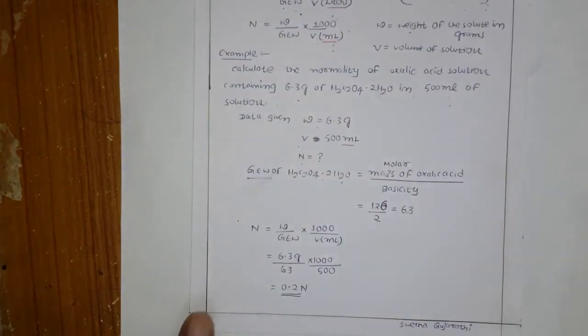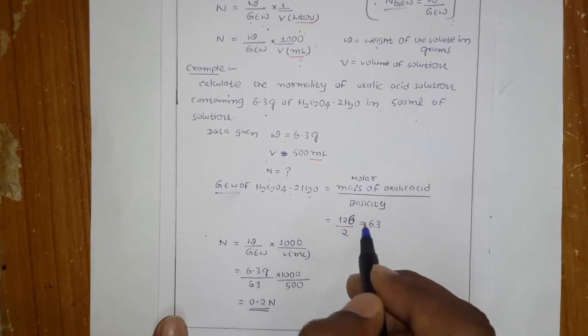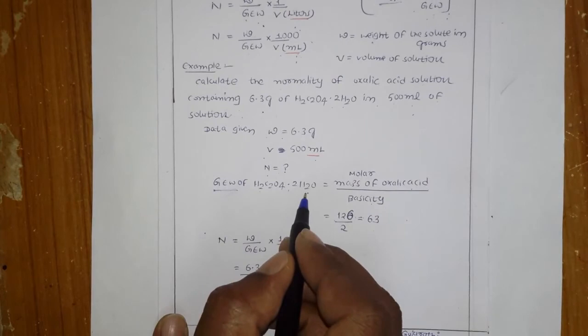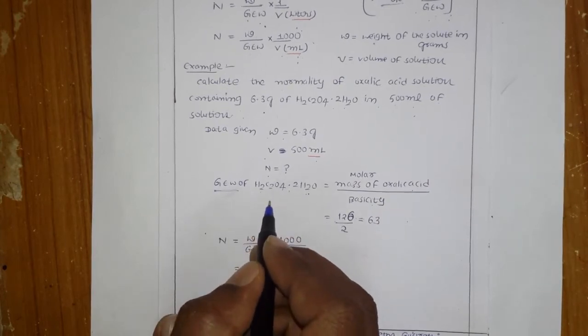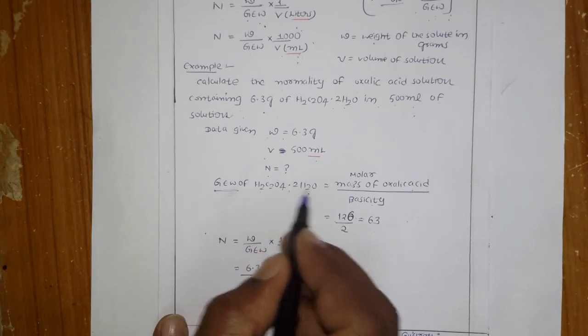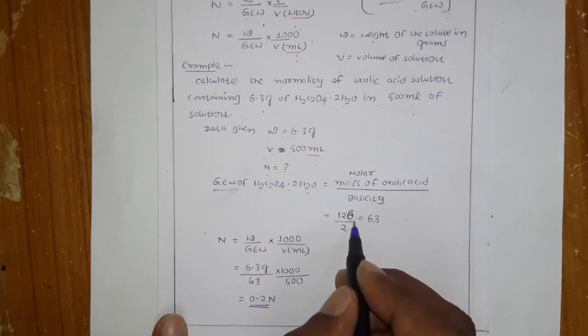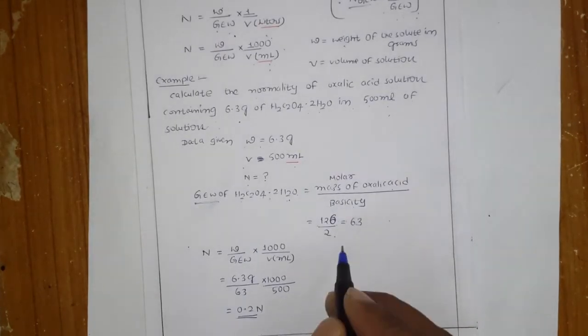What is the molar mass of this compound? It is 126. You calculate: 2 plus 4 hydrogens, 6 into 1, plus 2 into 12, plus 6 oxygens, 6 into 16. When you do it, you get 126, divided by basicity 2.